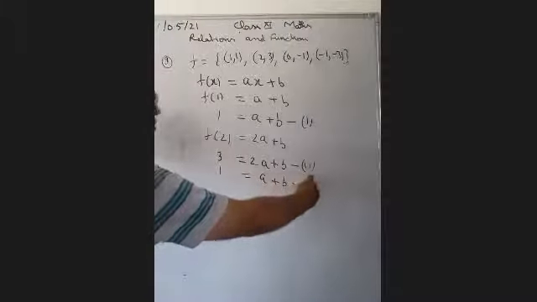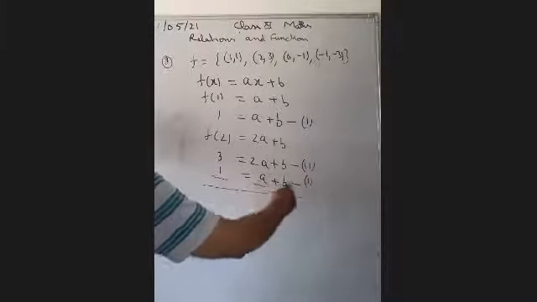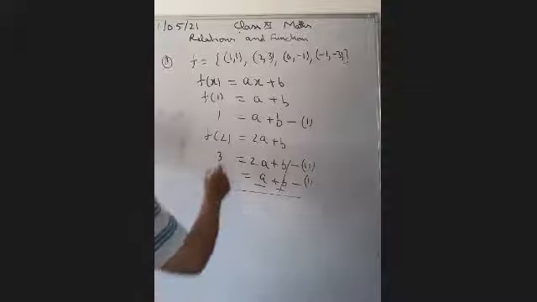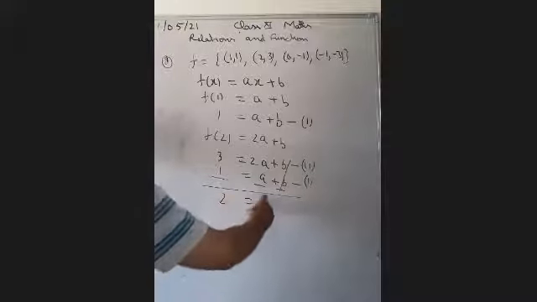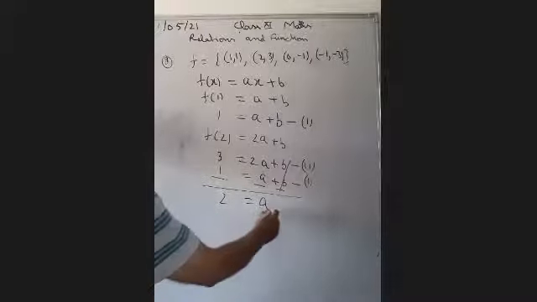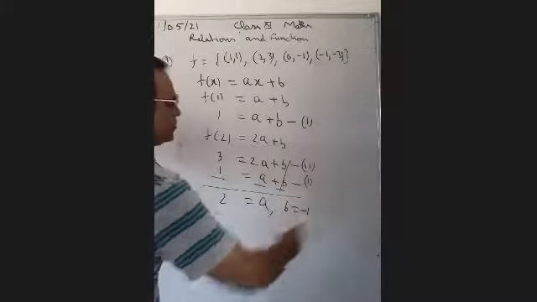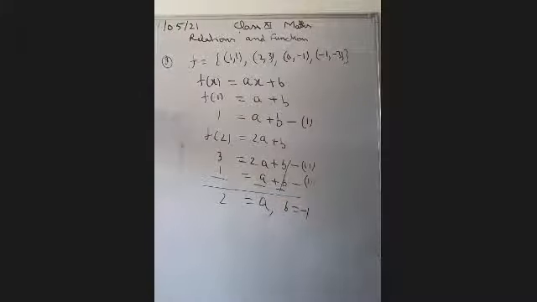This one is the first equation. Now we are subtracting this one. So b से b cancelling, 2 is equal to a. a is equal to 2. By putting the value of a, you can get the value of b. a की value अगर हम put करते हैं, the value of b will be -1.